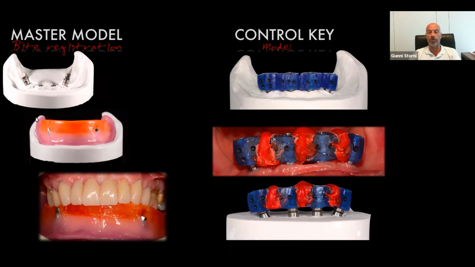We made a control key in the lab, made in 4 pieces, to send to Emiliano to control and to connect each other to be safe. And that the master model is exactly the situation as it is in the mouth of the patient.